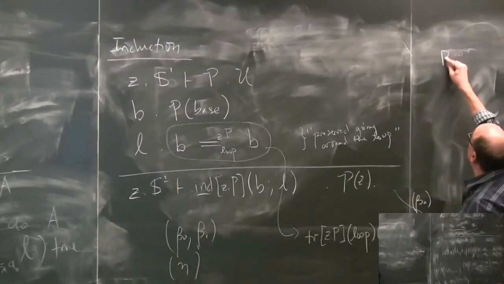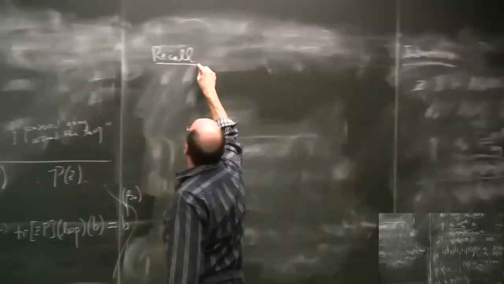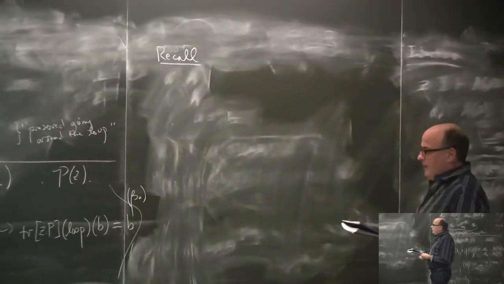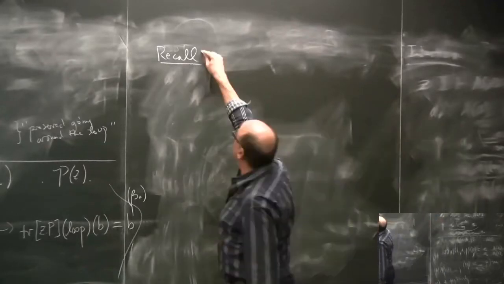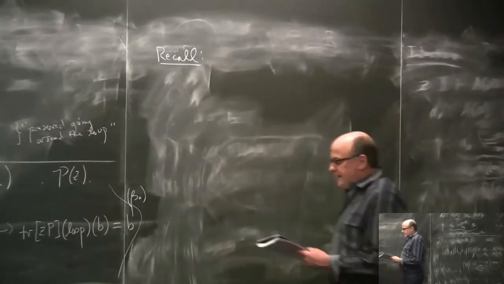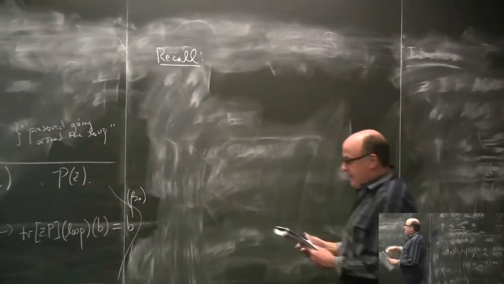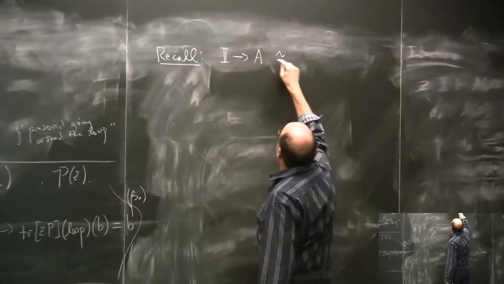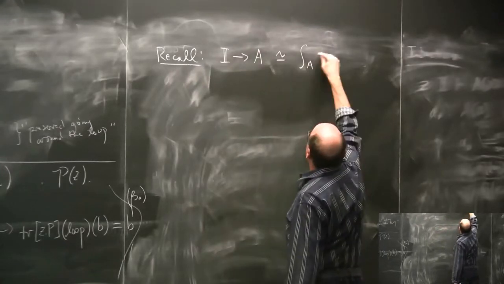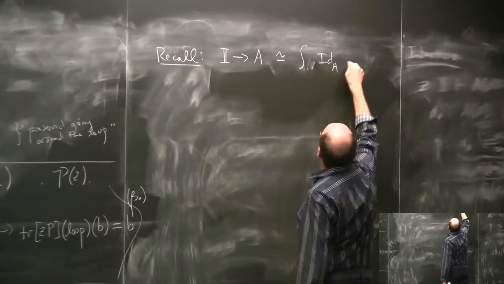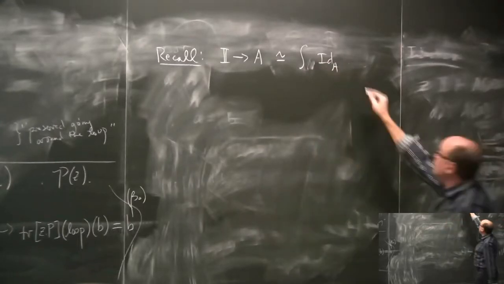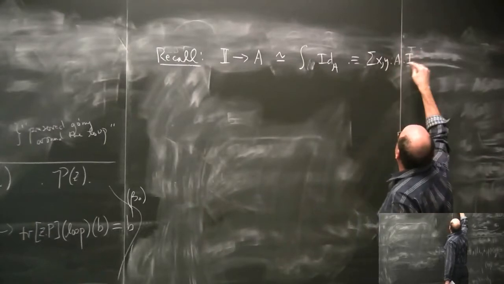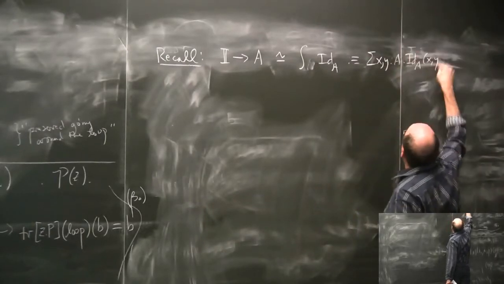So recall we showed, and I put a follow-up post on Piazza the other day about this as well, a couple of weeks ago, we said the nice thing about the interval is that you can use the interval to characterize the total path space of A, which was by definition the sum over x and y in A of the identity type in A between x and y.